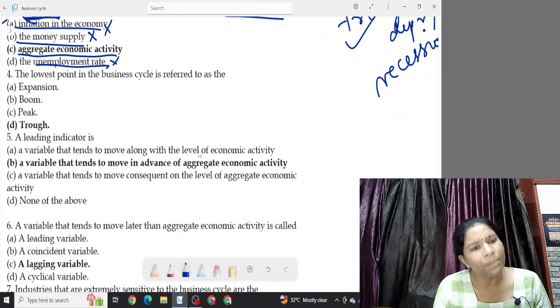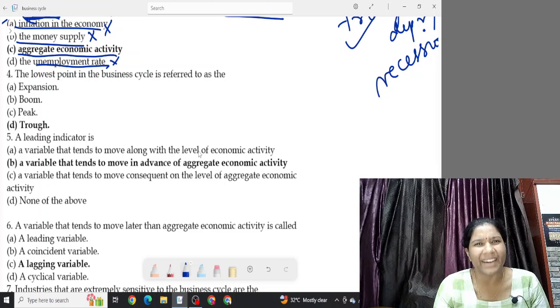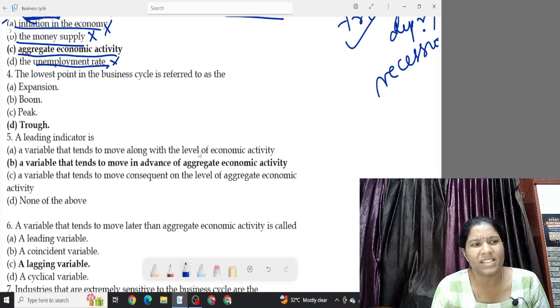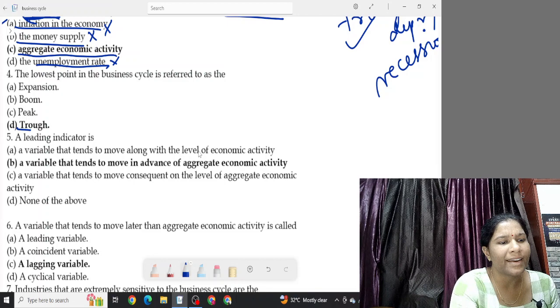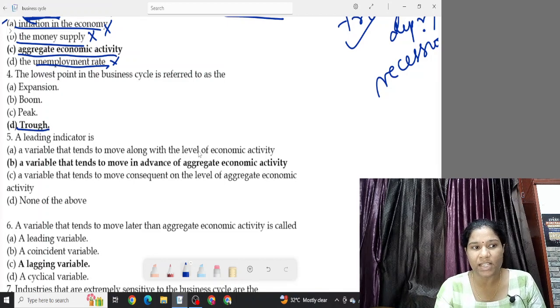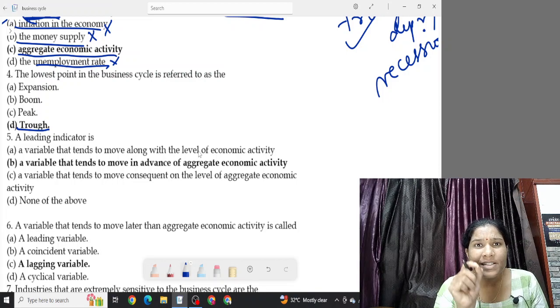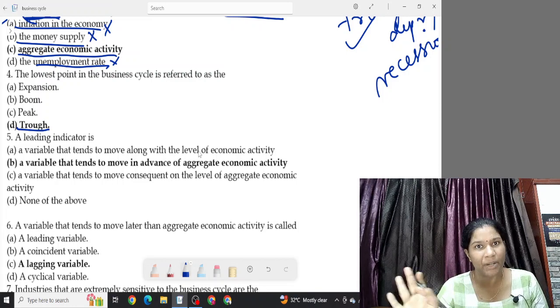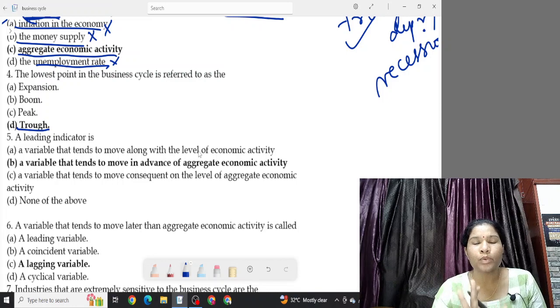The lowest point in the business cycle is referred to as trough, or depression, or recession. So you can say, what is it? Trough. Now understand, in the questioning session, for the lowest point, they are not using the word depression. They generally use the word trough.